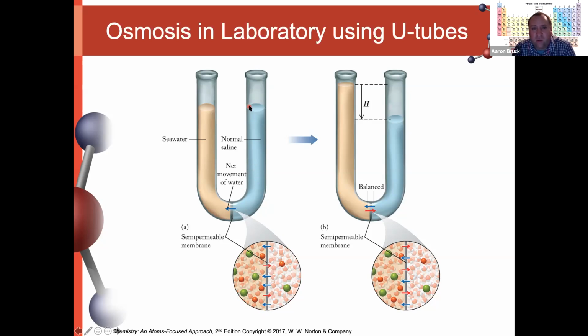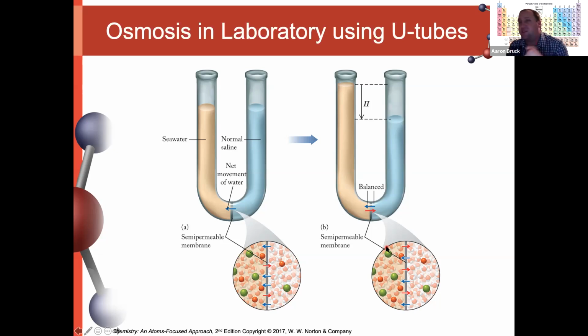And so what we will see is that normal osmosis would result where the normal saline attempts to dilute the seawater, and as a result, we see a migration of liquid from the saline side to the seawater side.